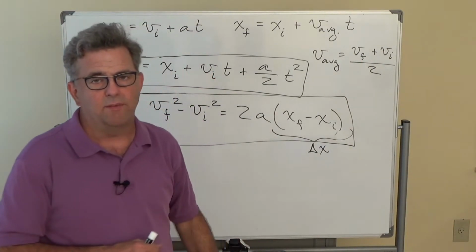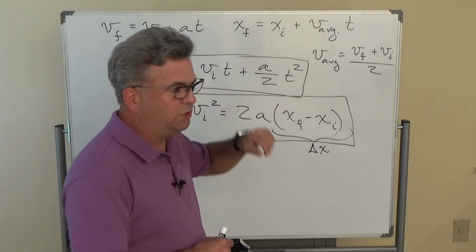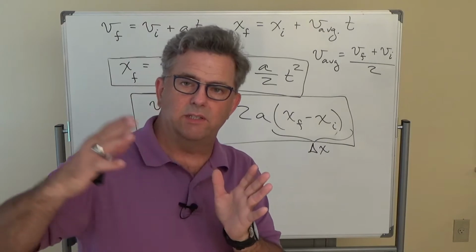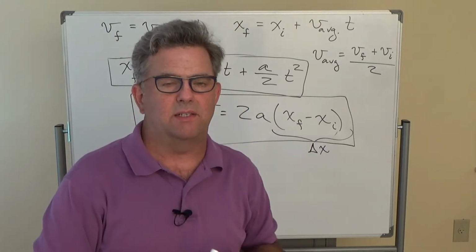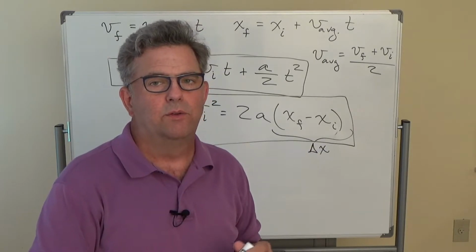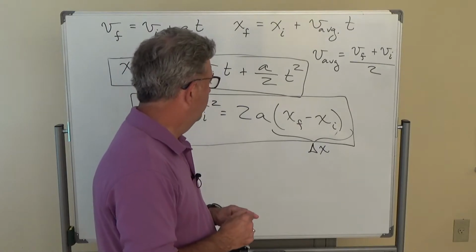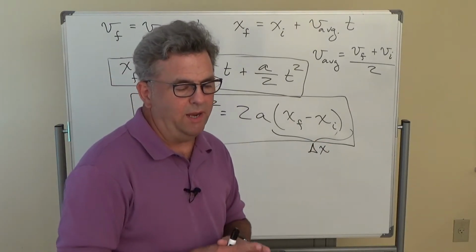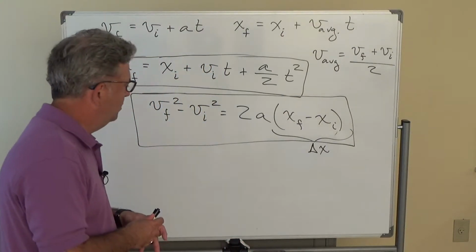If you know that you have constant acceleration, you can figure out your final position because that velocity is increasing all the time and it's not a particular velocity that you're traveling at through the entire trip. So, okay. Just hang on, I'm going to do some examples now and we'll see how to use these equations.